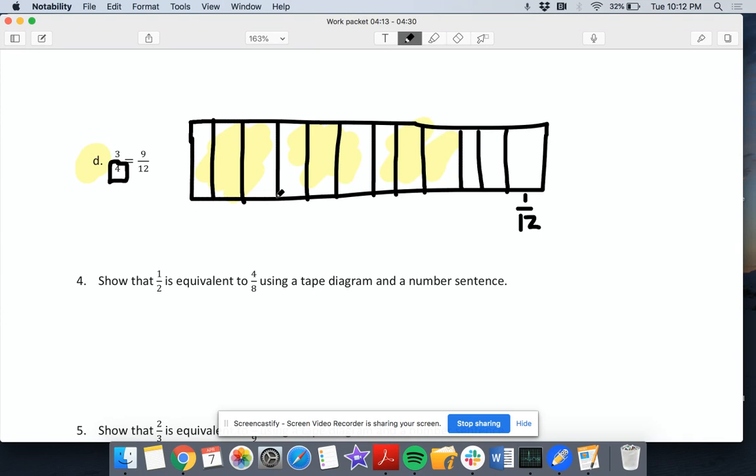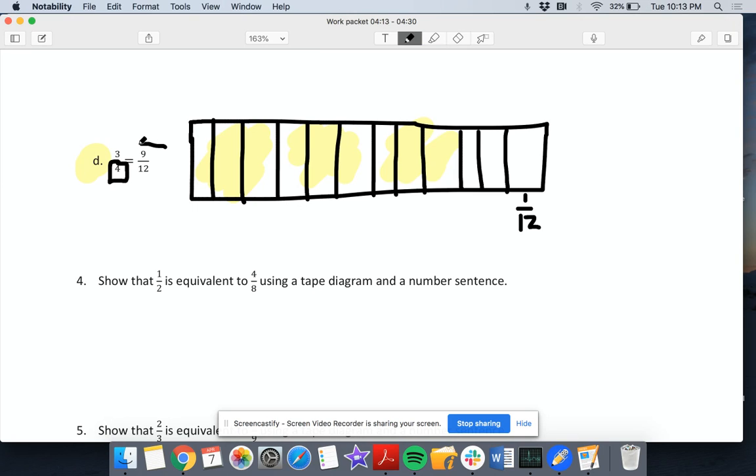And what does my shaded region, now very skinny rectangles in my tape diagram, represent? Let's count. 1, 2, 3, 4, 5, 6, 7, 8, 9.